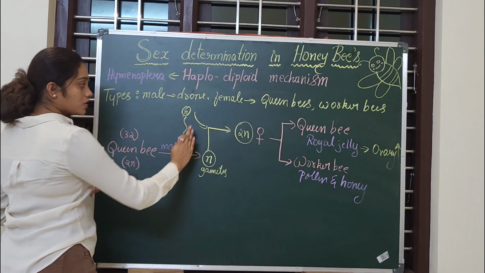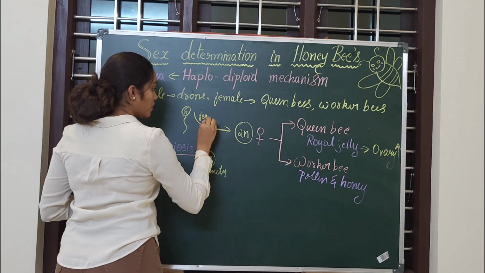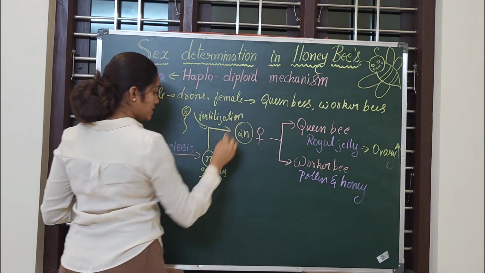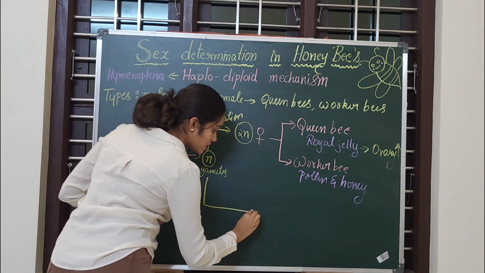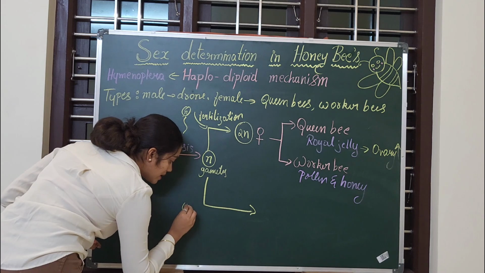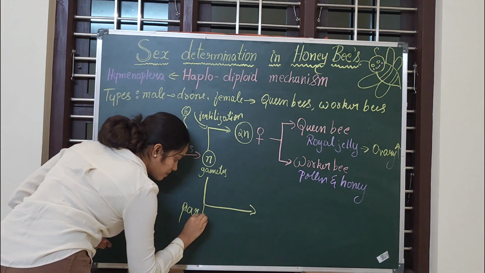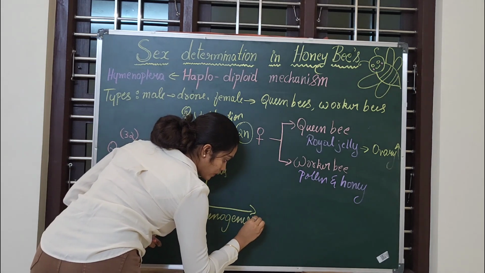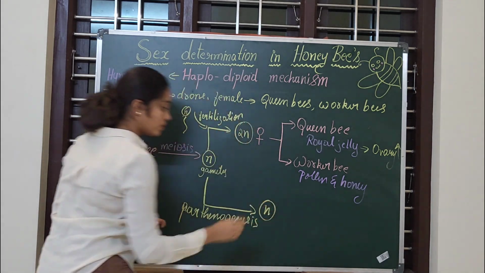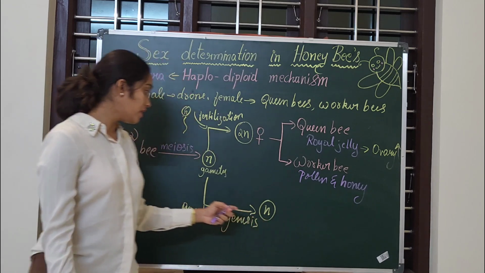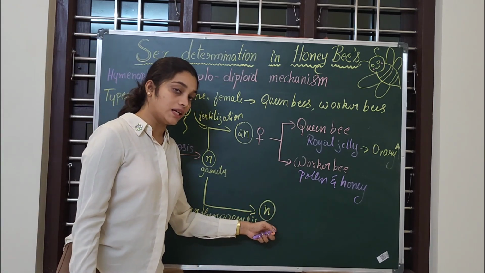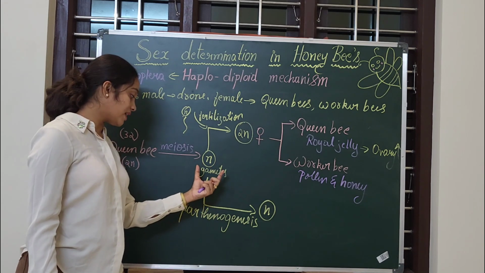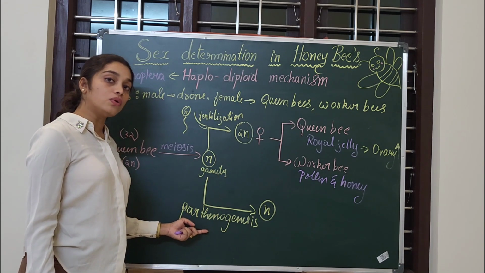Next, this is what happens when there is a process of fertilization. Now what happens? These eggs sometimes undergo a process called parthenogenesis, and it forms an embryo, which is again haploid. Whenever an embryo develops without any fertilization from an unfertilized egg, then we call it parthenogenesis.